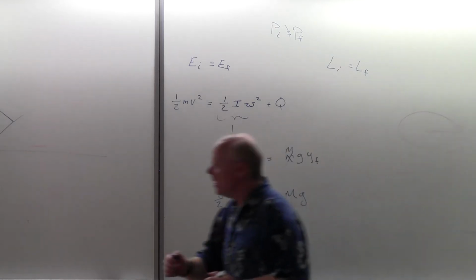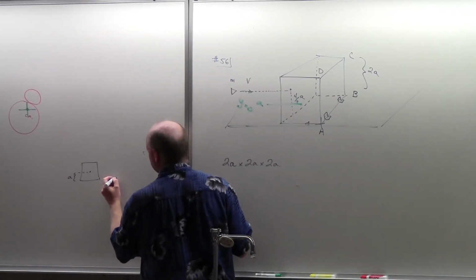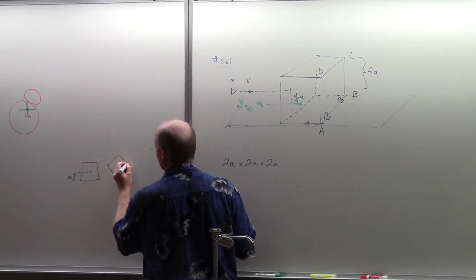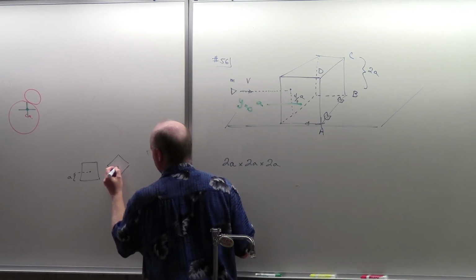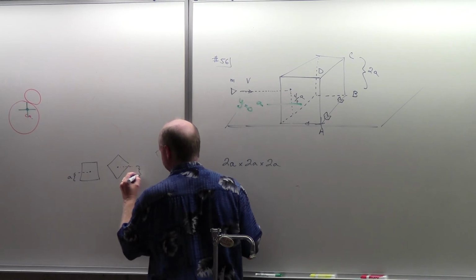Okay, good. So you guys are comparing this picture where the center of mass is A above the table, to this picture, in which the center of mass is how far?